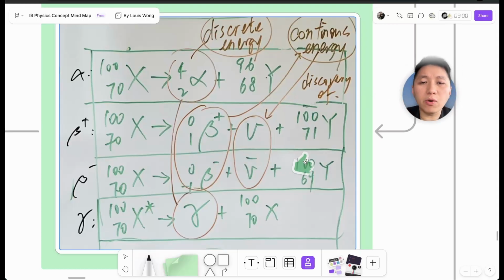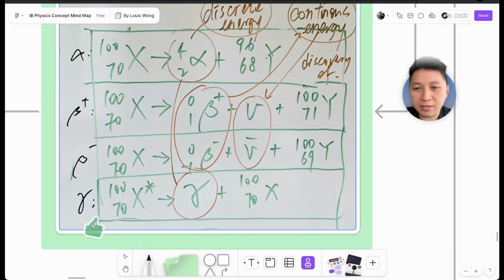They both go with a neutrino. One is an anti-neutrino for the beta minus, and the neutrino goes with the beta plus. I would say you more or less have to memorize it, unfortunately. In the older syllabus we went deeper into it, but in your case, it's best to just memorize it.